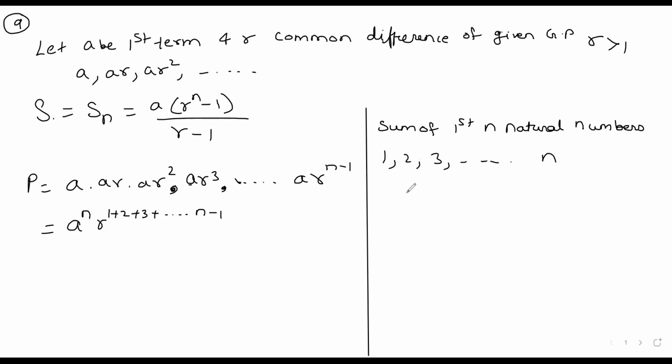Their sum is given as n into n minus 1 by 2. So I can write this as a raised to n, r raised to, this is also sum of n natural numbers, n into n minus 1 upon 2.